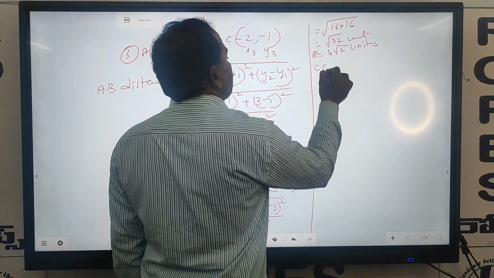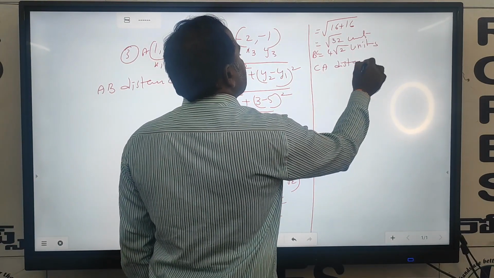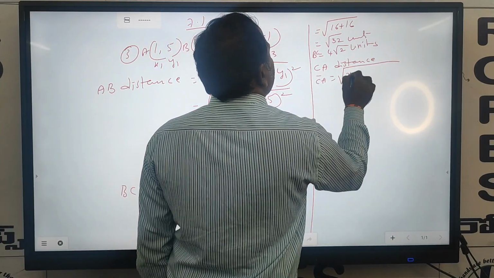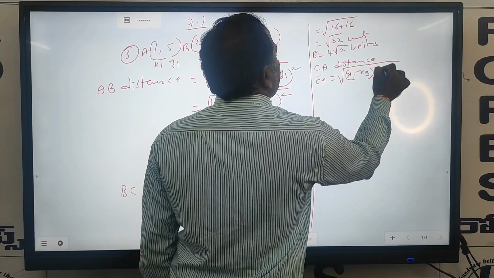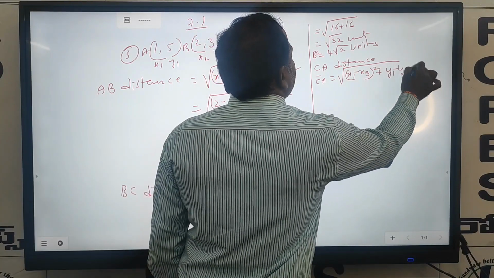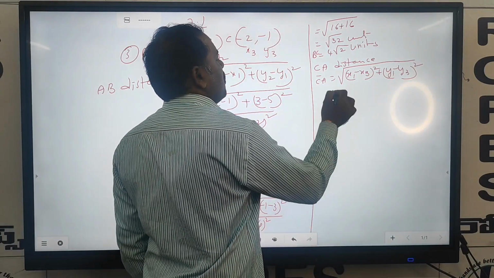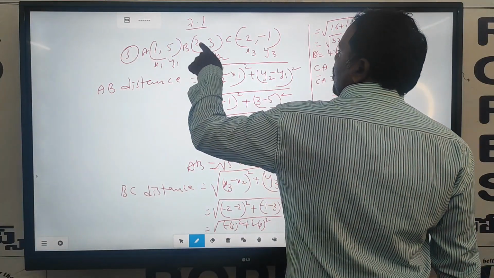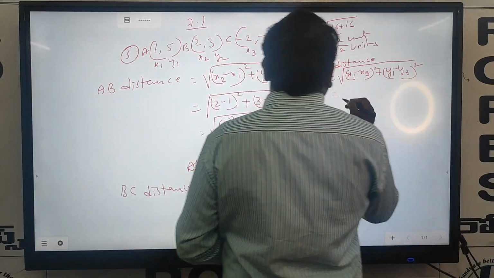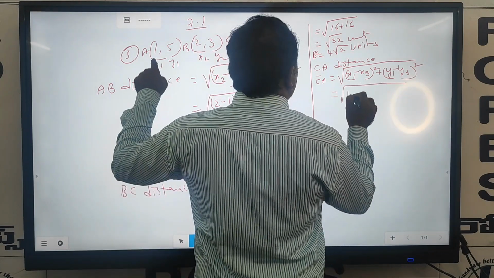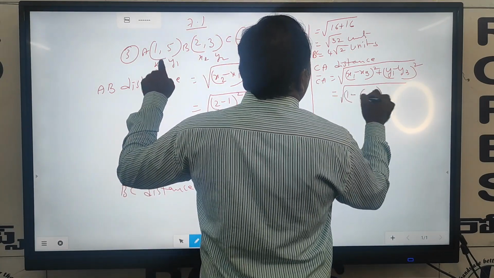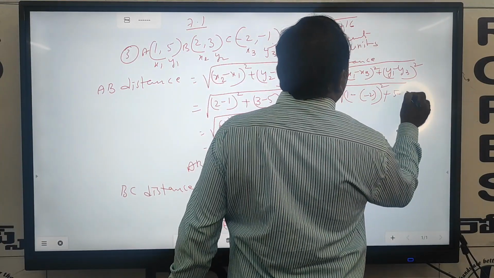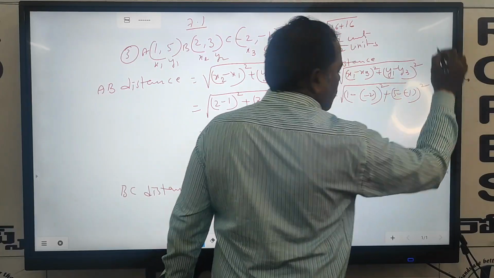Now the CA distance. CA is equal to the root of (x1 minus x3) whole square plus (y1 minus y3) whole square. Here x3 is minus 2, so 1 minus of minus 2 whole square plus 5 minus of minus 1 whole square.